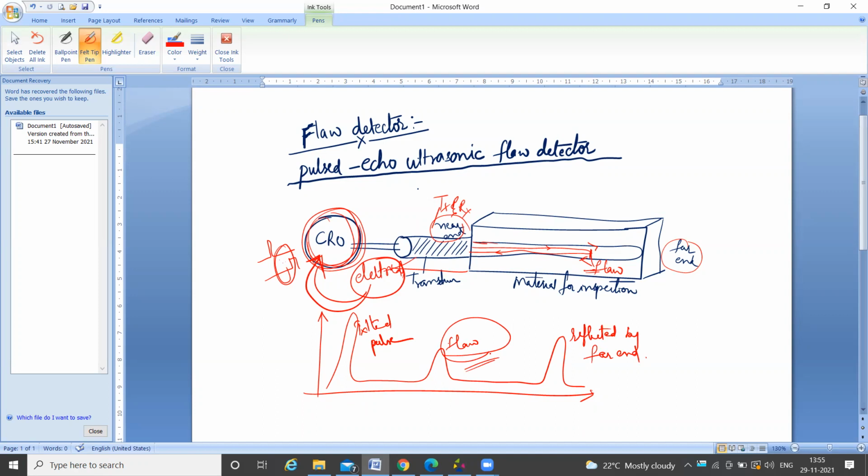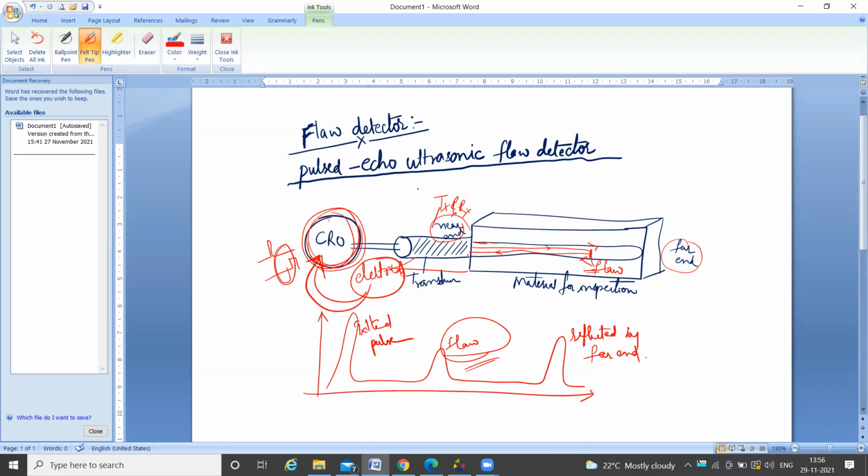It consists of a transducer, which acts as a transmitter and receiver. It generates ultrasonic waves, and these waves travel into the material under inspection. The first transmitted pulse is recorded on the CRO, then any second pulse, third pulse, and any reflected pulses are observed on the CRO screen.